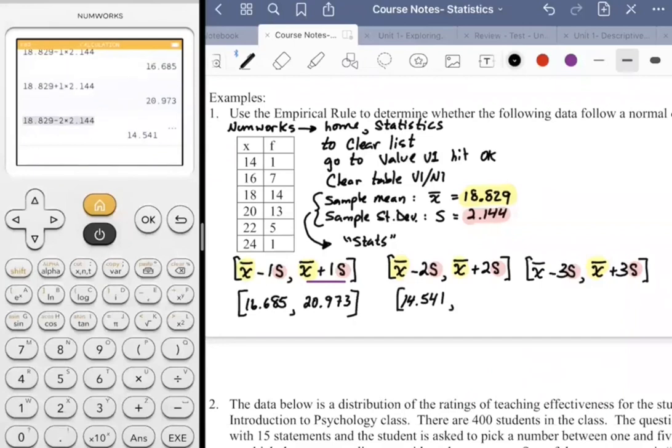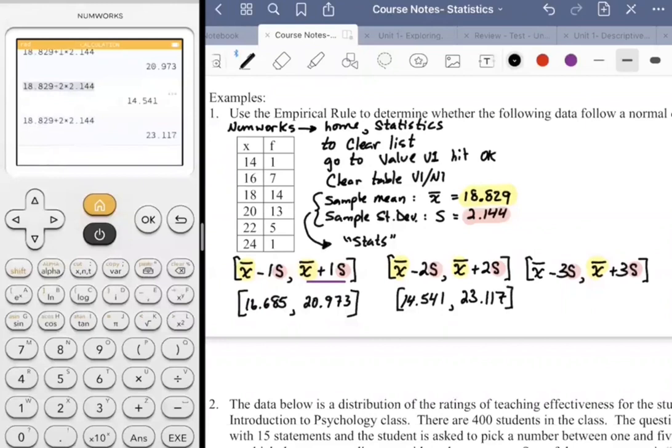Just go up, change the minus to a plus, and I get my upper bound, 23.117. So all I'm doing is changing 1s to 2s to 3s.